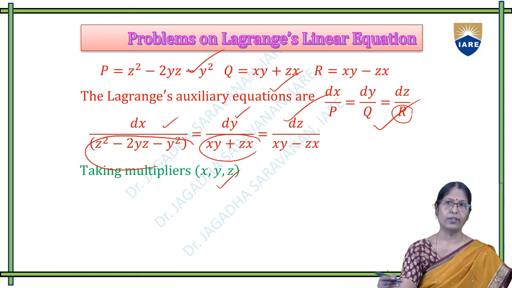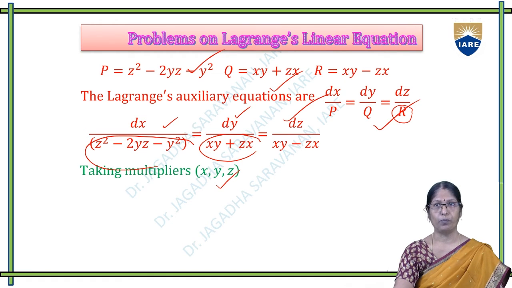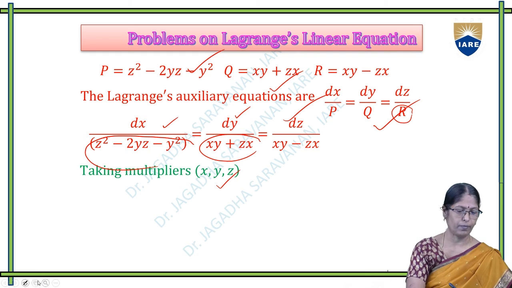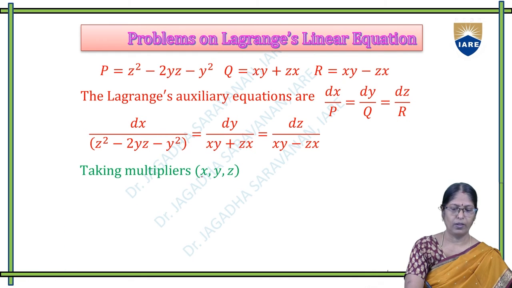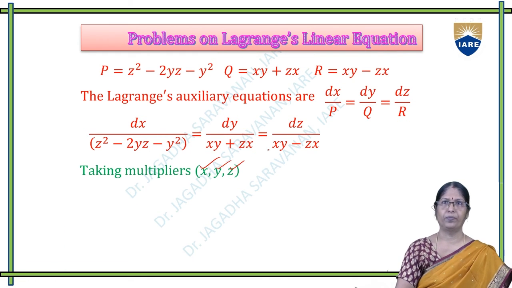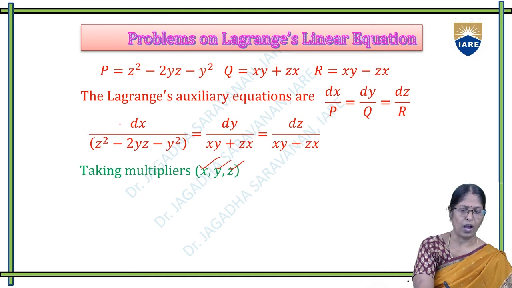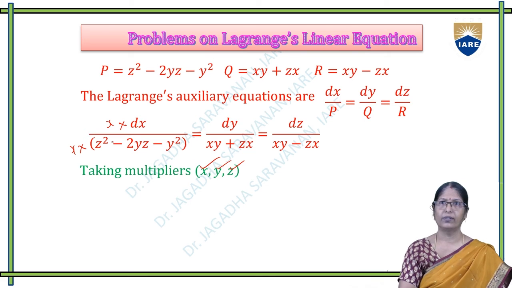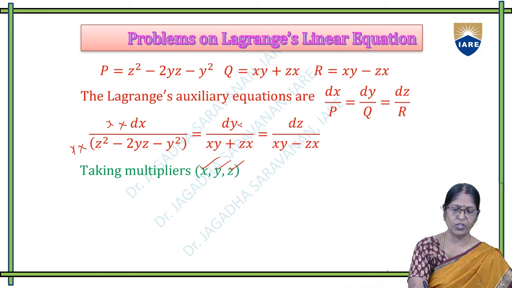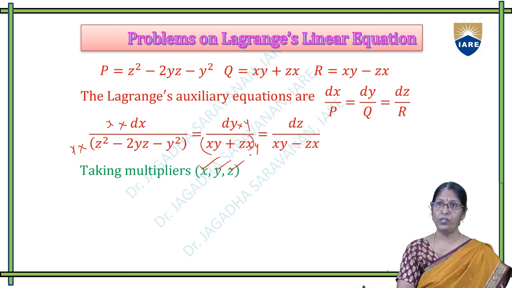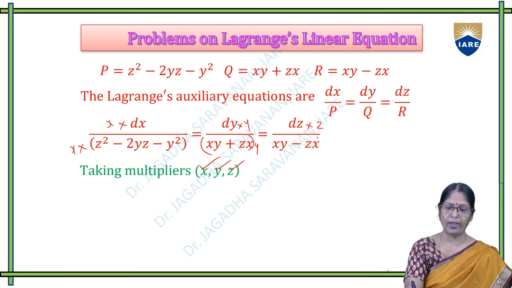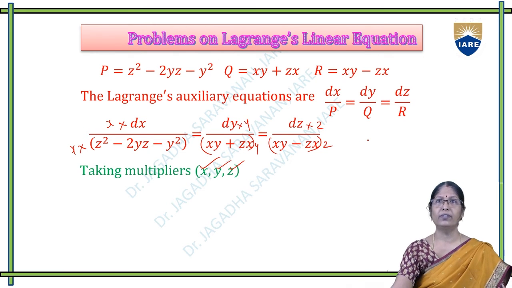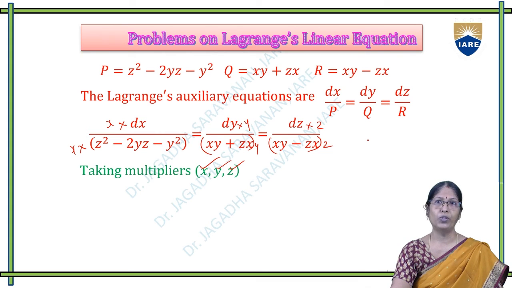On what basis did we select these multipliers? x, y, z. Here the first member, up and down, is multiplied by x. The second member, up and down, is multiplied by y. The third member we are multiplying by z. This is the way we do the multiplication.